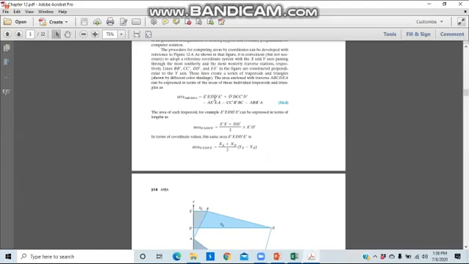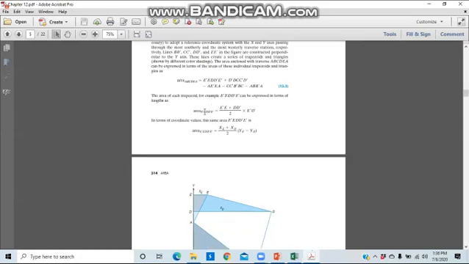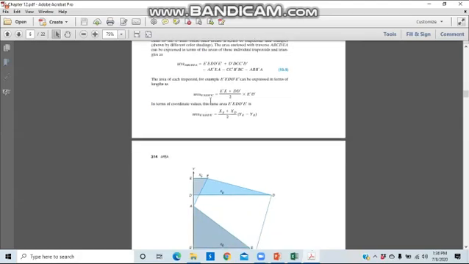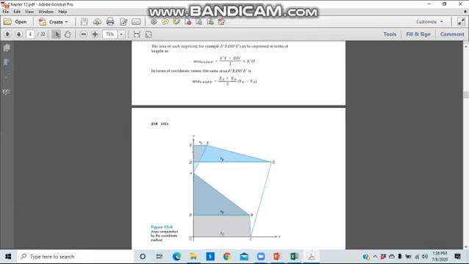Now E dash E, D, D dash E dash. This figure, this trapezoid, is this one. As we said, for a trapezoid we take the two parallel lines.